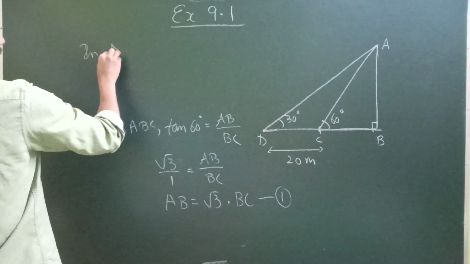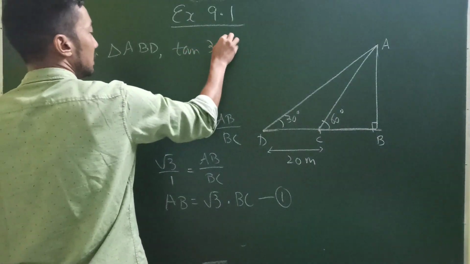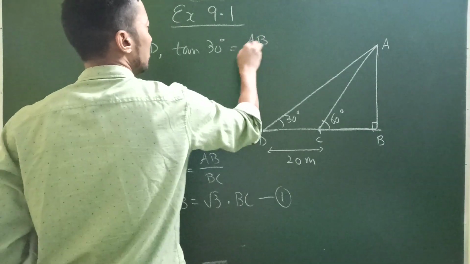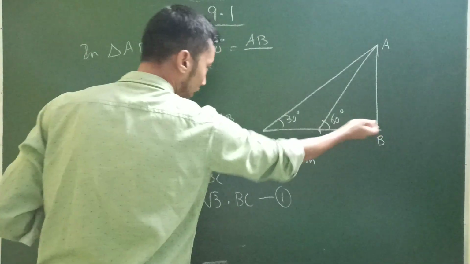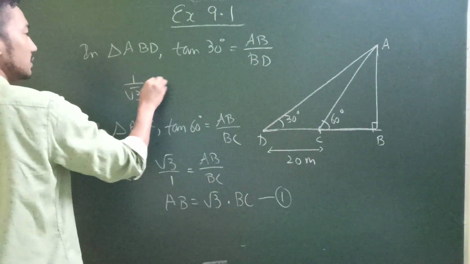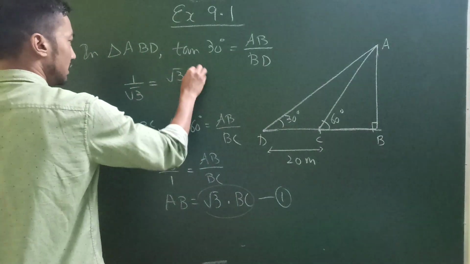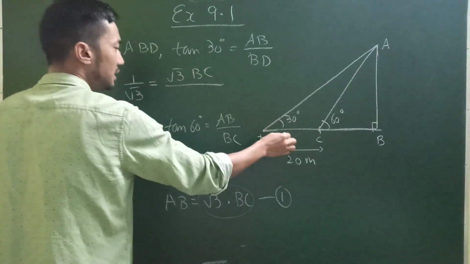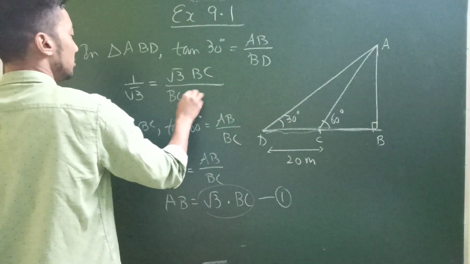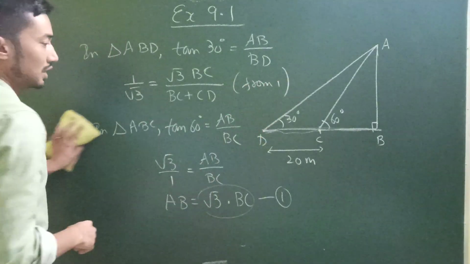Let's go to the bigger triangle. Now in triangle ABD, tan of 30 degrees will be equal to height by base, that is AB by BD. Now tan 30 is 1 by root 3. AB we can write as root 3 into BC, and BD I can write as BC plus CD, from equation 1.